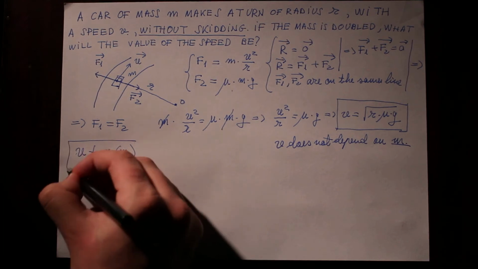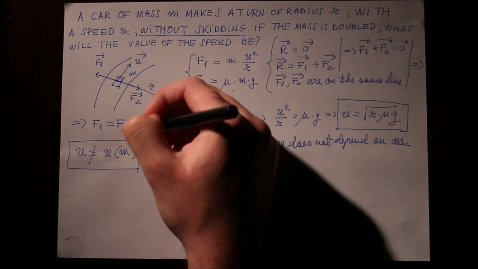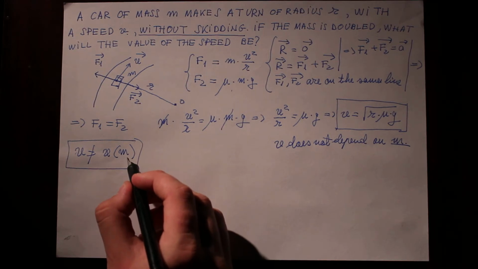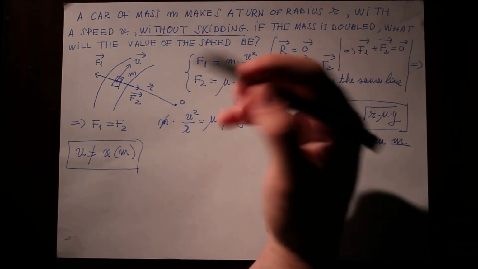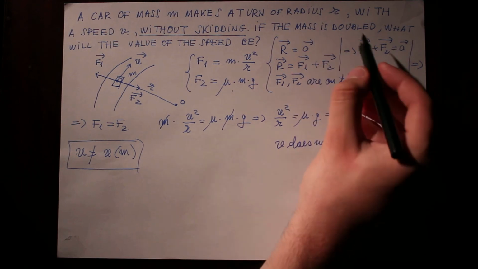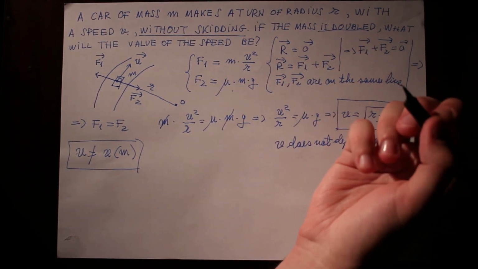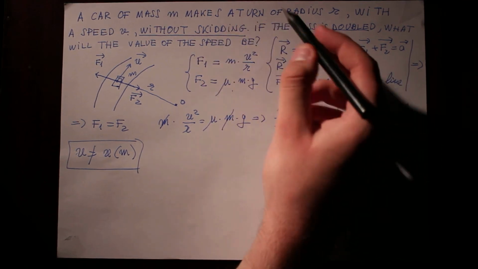So the speed of the car while doing this kind of motion is not a function of the mass of the car, and so it does not matter how the mass of the car is modified, i.e. doubled, because the velocity will just remain the same as in the initial case.